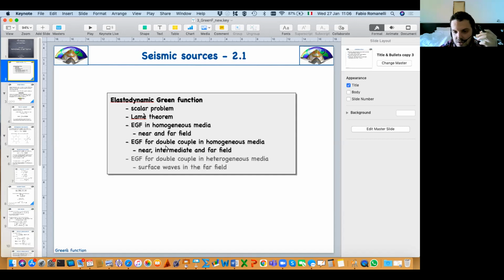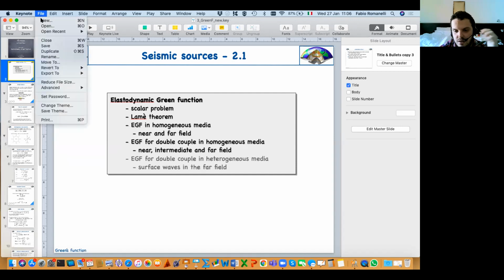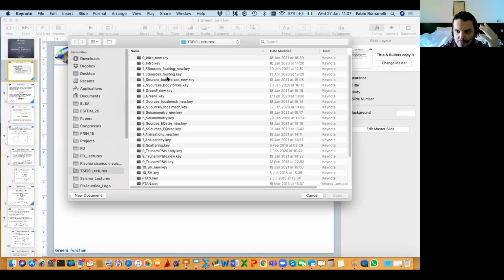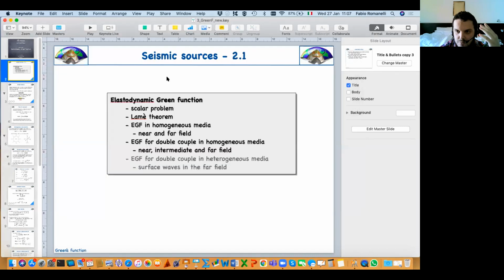If you can go to the slide. F_P to be body forces? Yeah, because we said that we neglected the gravity. Body force.